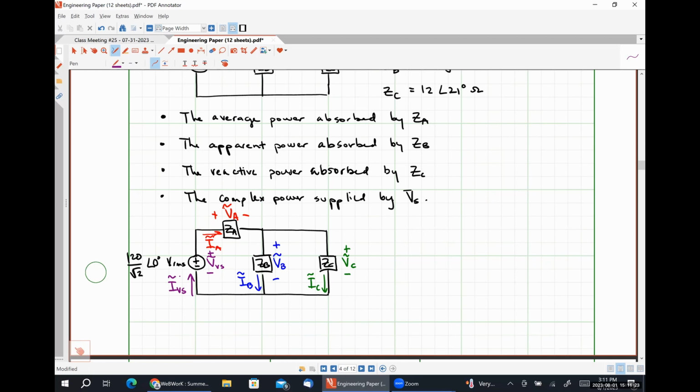And we are going to solve for these quantities using our standard frequency domain relationships because they're all still valid since we've just divided the magnitude of our voltage by square root of 2.